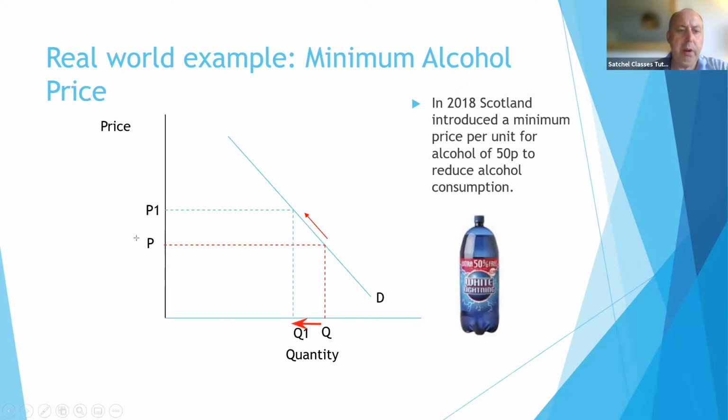So the increase in price from P to P1 is shown as a contraction of the demand curve, because the people on lower incomes could not afford to purchase as much alcohol as they were previously, because the minimum price had increased to 50p. This has been an effective measure in Scotland and has reduced the amount of issues with alcohol in Scottish society. So that's a good example to use.